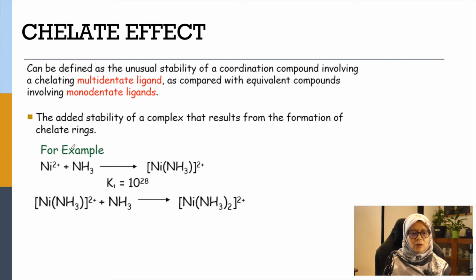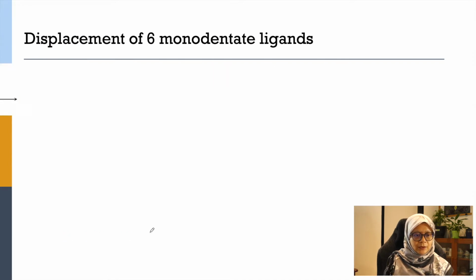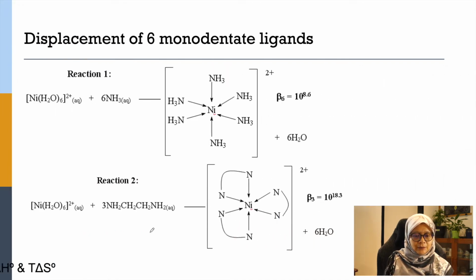For example, here is nickel 2 plus, and we have one monodentate ligand, which is ammonia, and the K1 here is 10 to the power of 28. The overall reaction here, the beta 2, is 1.0 times 10 to the power of 5.